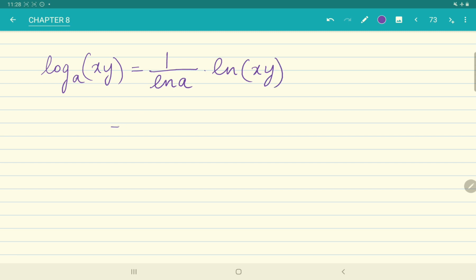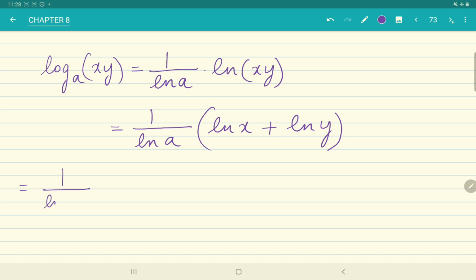And ln xy can be written as ln x plus ln y, which can then be written as 1 by ln a multiplied by ln x plus 1 by ln a multiplied by ln y.